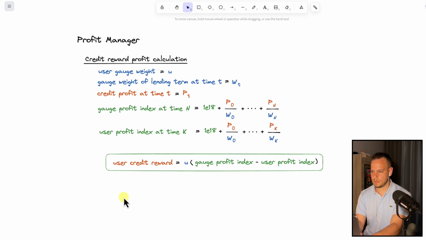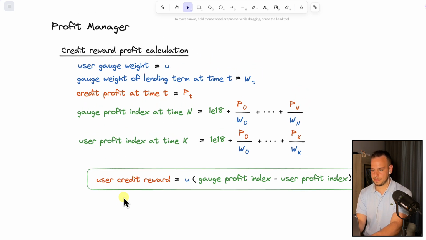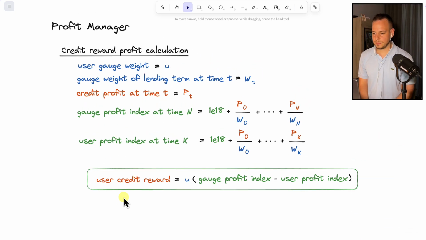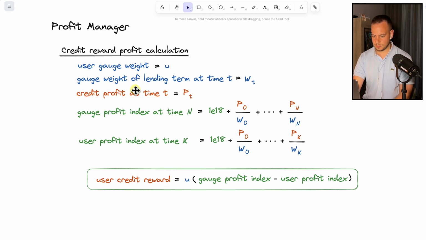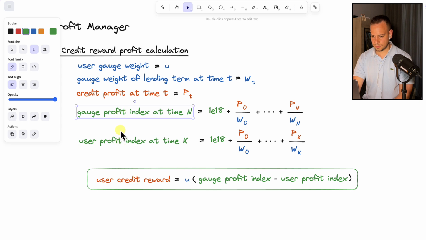So the way the profit for a user is calculated is by these two equations. If you're familiar with the synthetic staking reward algorithm, it's basically the same idea. Let's just call it a reward accumulator. Let's just call it profit index, as the code calls it. So you have two profit indexes, one for the gauge and one for the users.